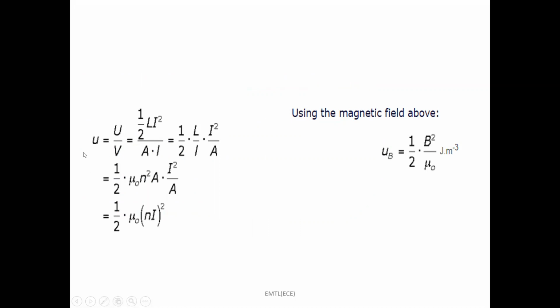We have to calculate the energy density. So energy per unit volume. Energy is U, volume is V. Already in the previous slides, we discussed the energy stored in an inductor, that is half L I square. Volume we can express as area into length.